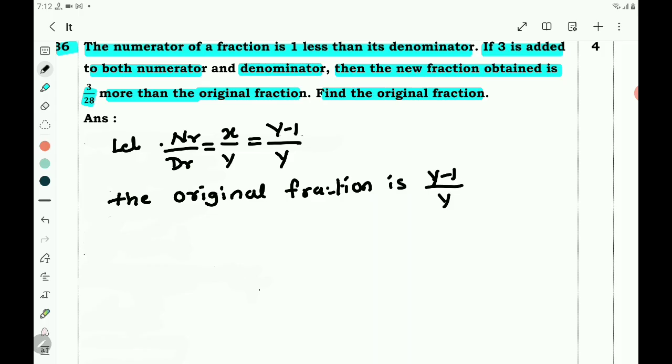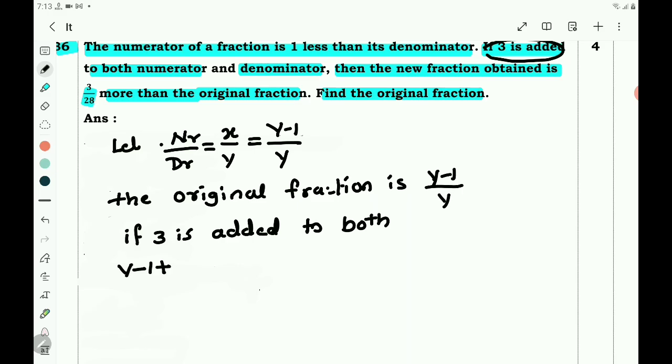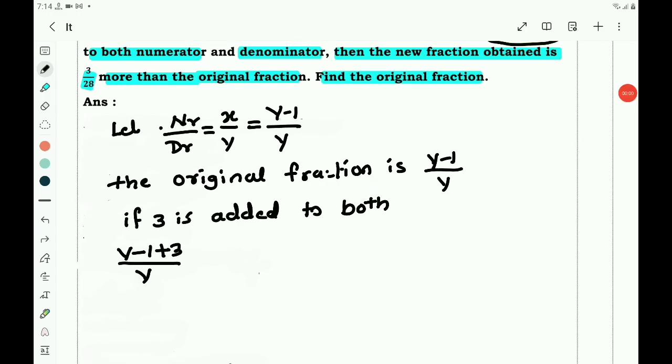Now if 3 is added to both, that is y minus 1 plus 3 by y plus 3.